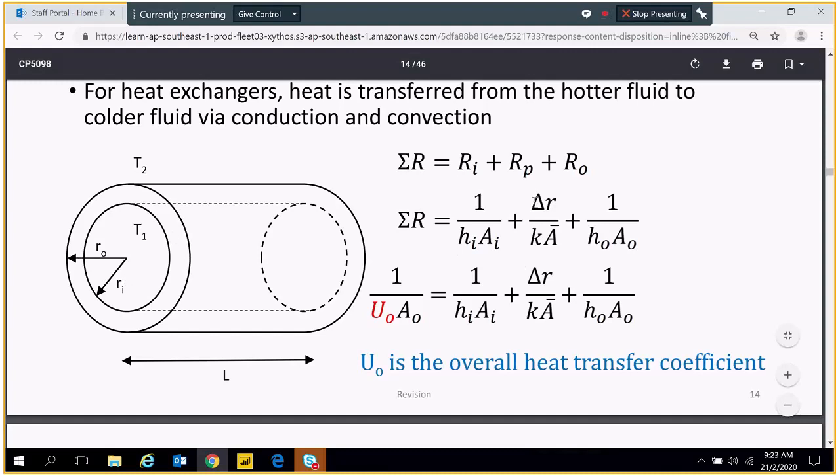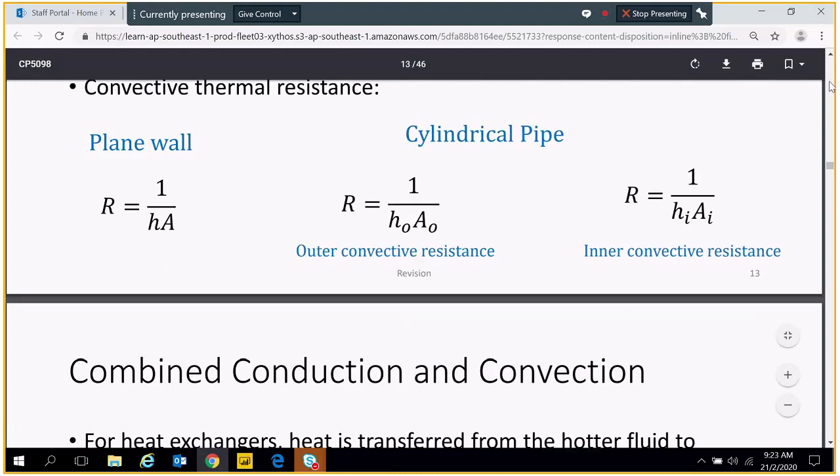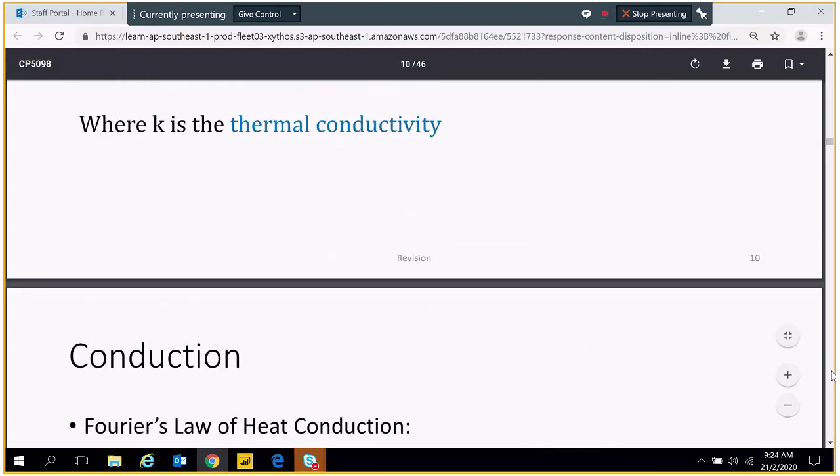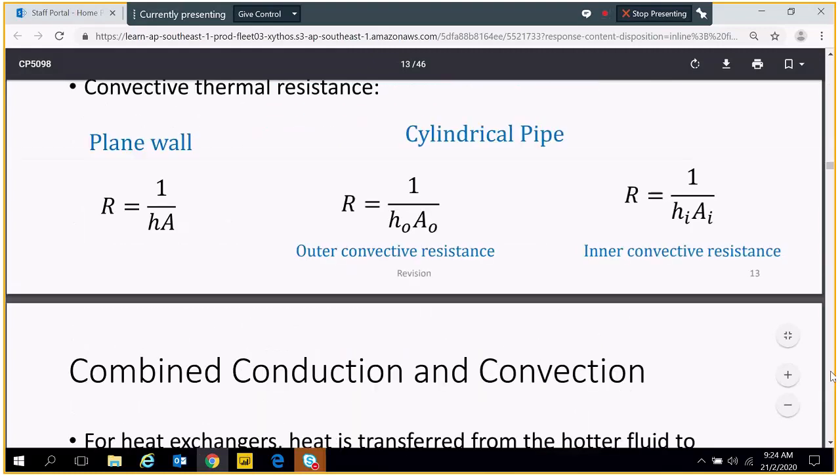The second term, delta R is a wall thickness. Delta R is Ro minus Ri. K is the thermal conductivity. The A bar is defined over here, but later you see that.